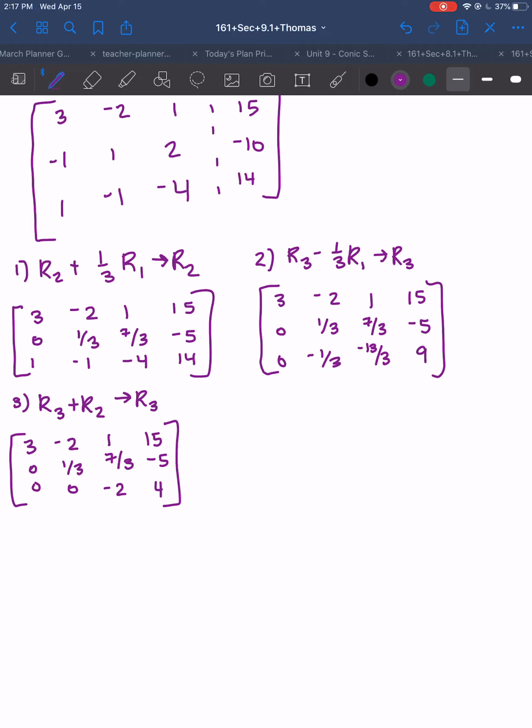Alright, so now I want this -2 to become a 1. So I'm going to take -1/2 of R3 and put it in R3.